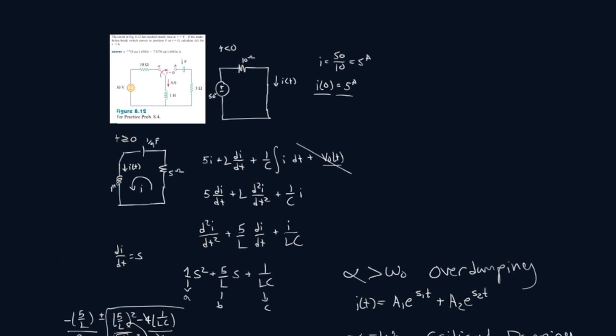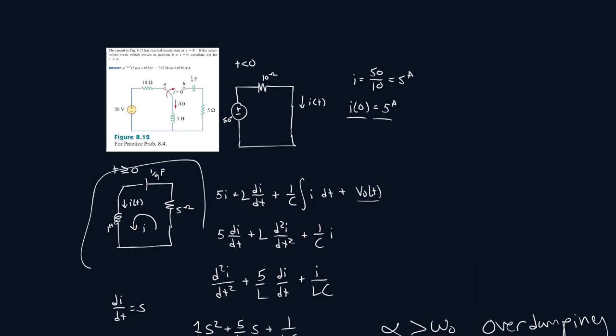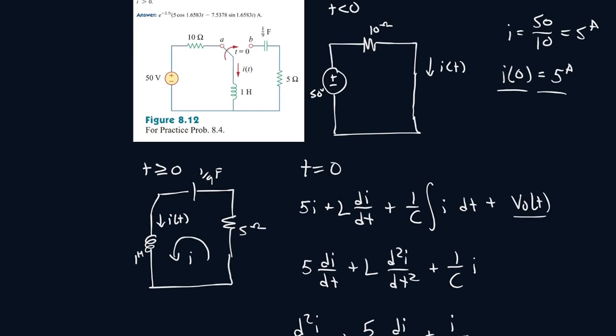Okay, so what we can do is use this following formula over here. We know the current that's passing through here is going to be this value. Right now we're looking at when t is equal to 0, and we know the current is going to be 5. Now what we need next is the voltage of this capacitor.